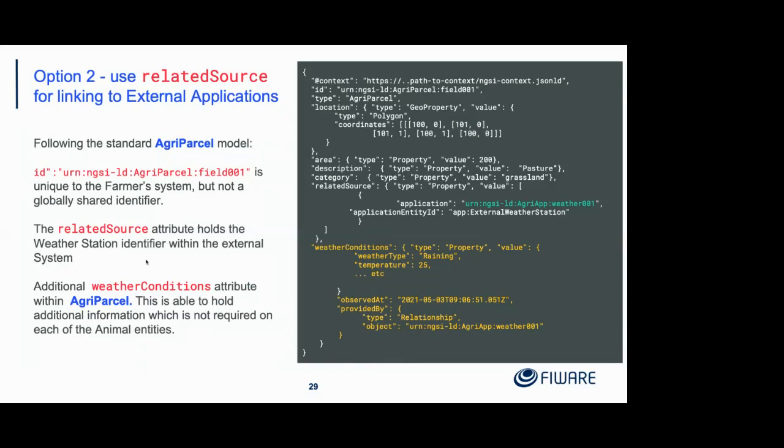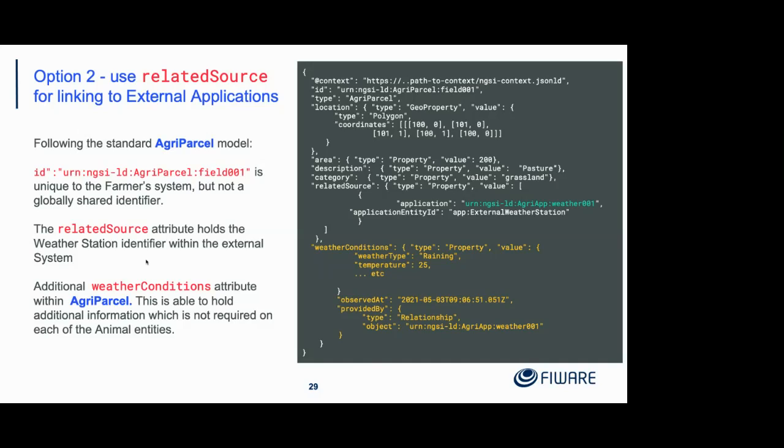Now, what I could do is say, well, looking at agriparcel, there is a related source attribute defined, saying what other external systems are related to this field. So I can then legitimately place into related source an application ID and the application itself, saying it's an agri app or whatever.